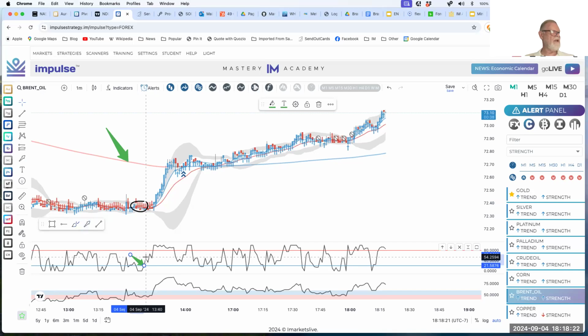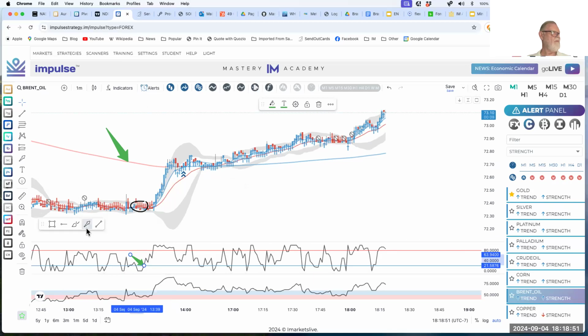So again, when we're looking for buys, we're looking at blue going up through the blue. If we're looking for sells, we're looking for it to come down through the red. But in this case, we've got a clear signal that says, hey, we've got a heads up here. I know we're in sell mode right now, but we could be reversing direction, because here I'm telling you right now, we've crossed up across the blue line.